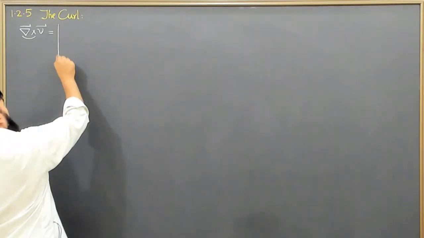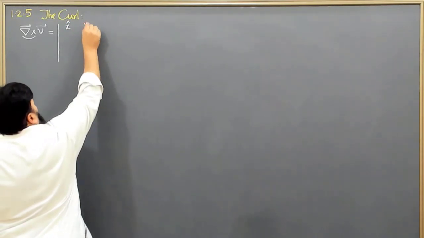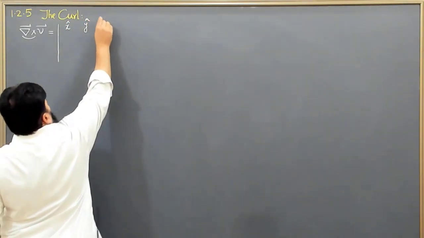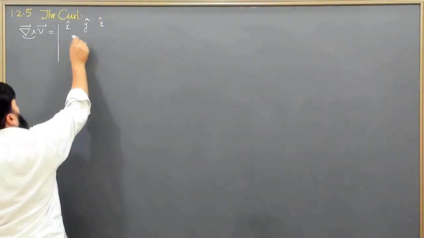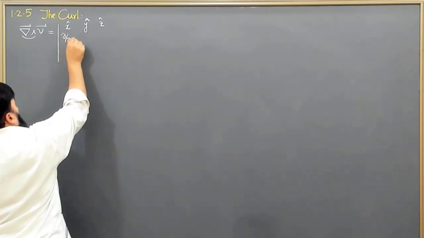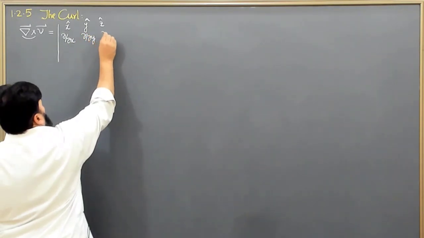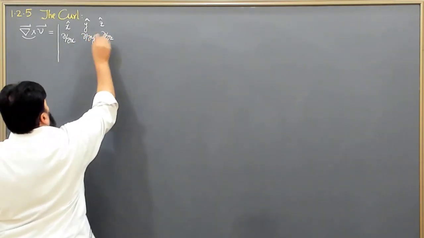I'm not writing the vector again, but we know that a cross product is always written in a matrix form. This is x, y, z, and then the del operator is ∂/∂x, ∂/∂y and ∂/∂z.